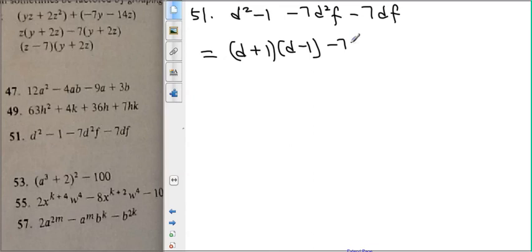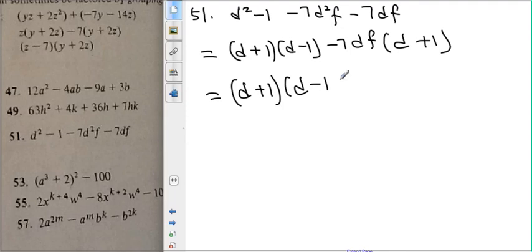Here minus 7df seems to be common. Then here we have d, and then this one is plus 1, factoring. Then once again d plus 1 is common. Then d minus 1 minus 7df. And that becomes our final answer.